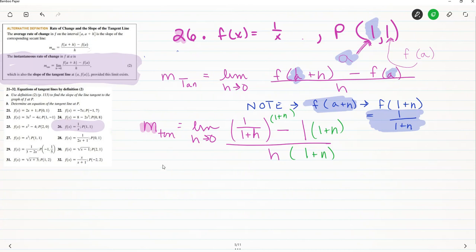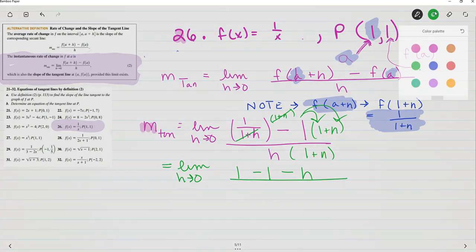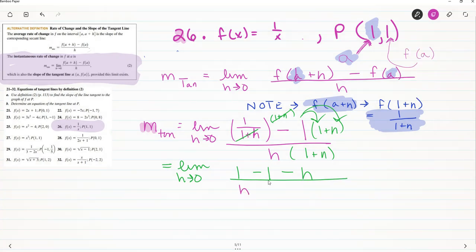What it would look like then is the 1 plus h over 1 plus h reduces. If I distribute the -1, I've got 1 minus 1, -1 times h minus h, all over h times 1 plus h.